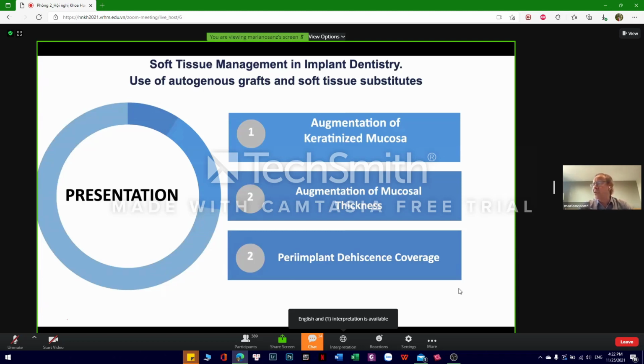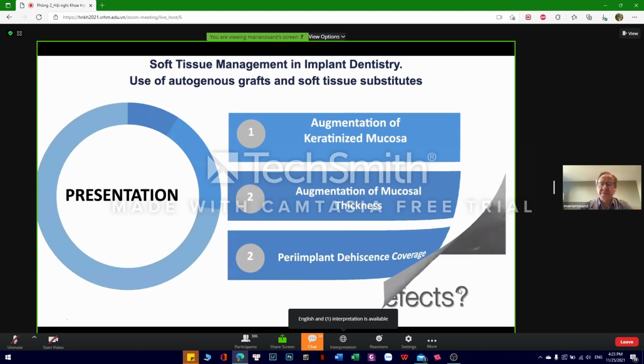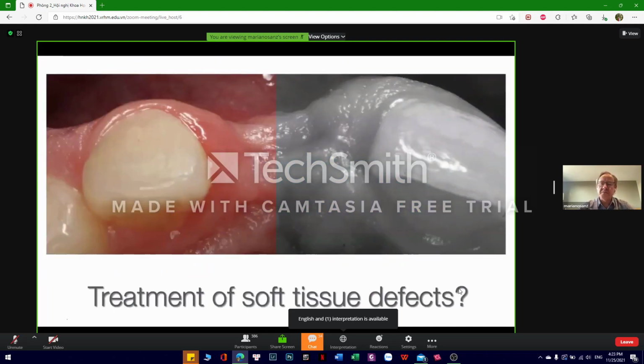And of course, in all these studies, always the morbidity associated with the grafting was heavily reduced by placing the soft tissue substitutes.